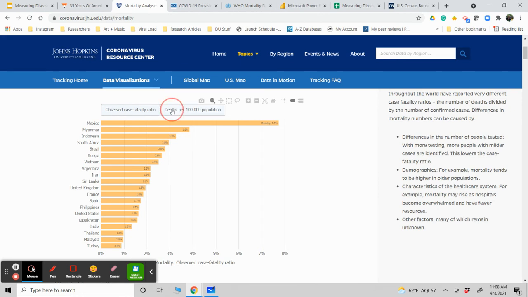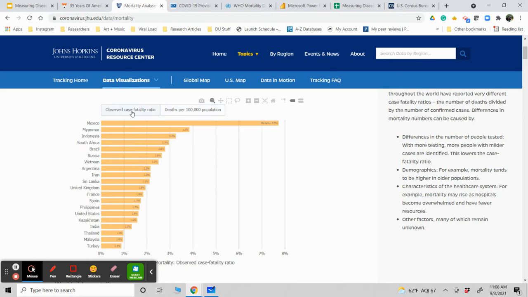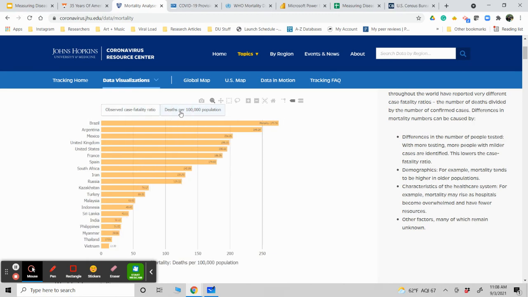We can do mortality rate, and we can compare countries. So the mortality rate right now is highest in Brazil, then Argentina, Mexico, the UK, and the United States has quite a high mortality rate. So this tells us something about the risk of death from this disease.